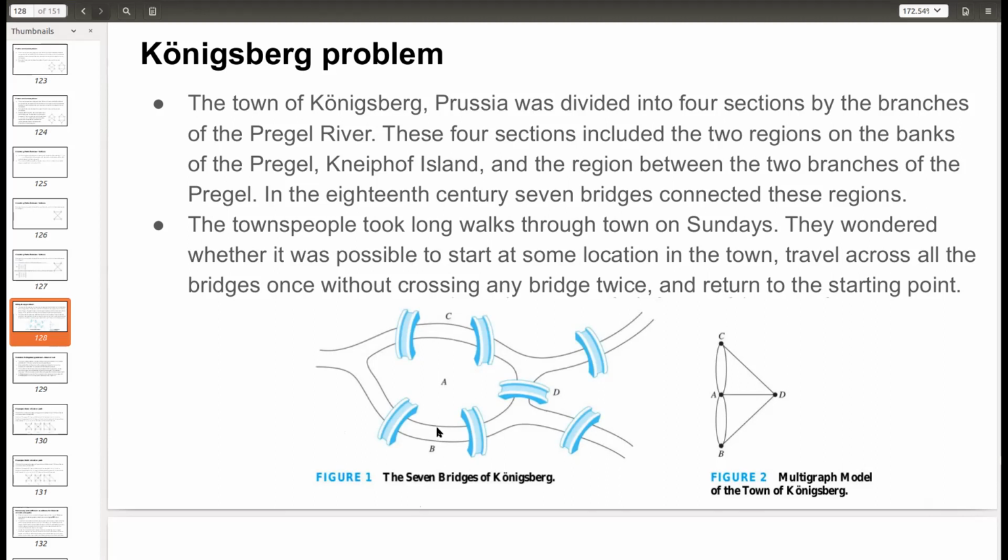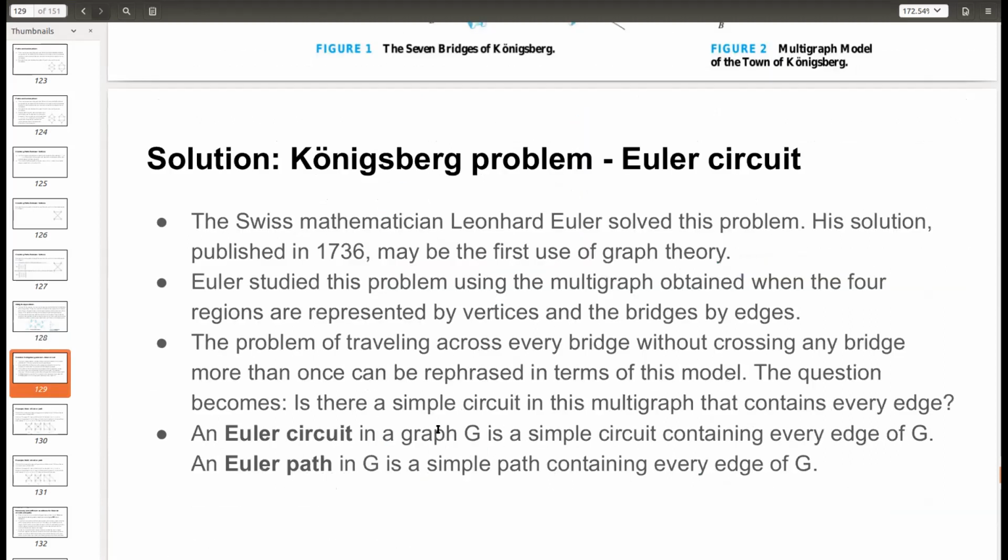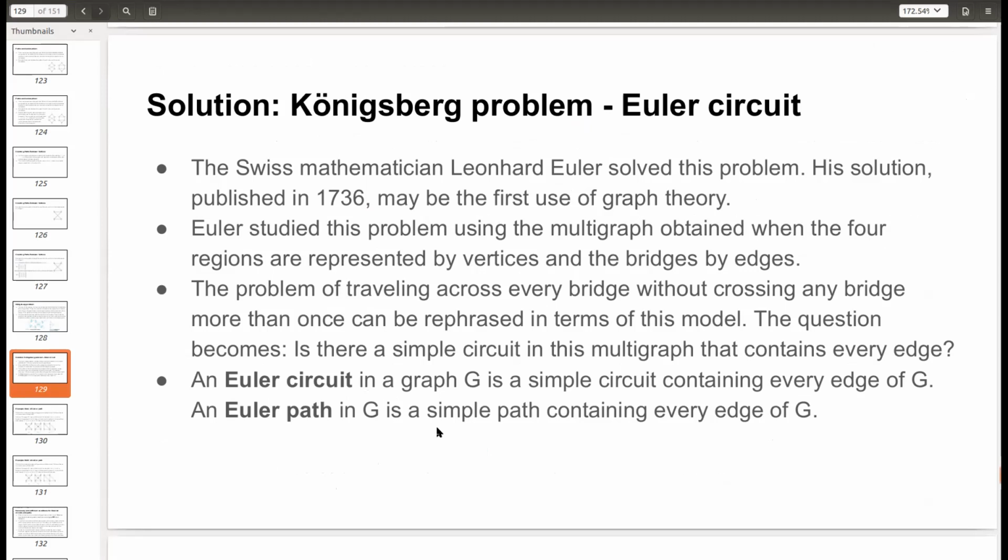No bridge was crossed twice, right? In other words, what they basically wanted was a simple circuit in the multigraph. Such a circuit is known as the Eulerian circuit, wherein you cover all the edges, but with a constraint that none of the edges are repeated twice, right?